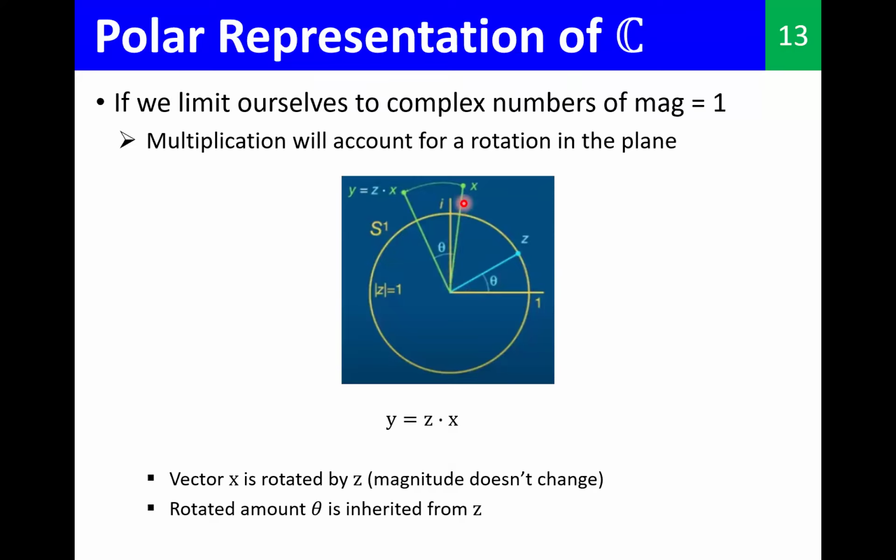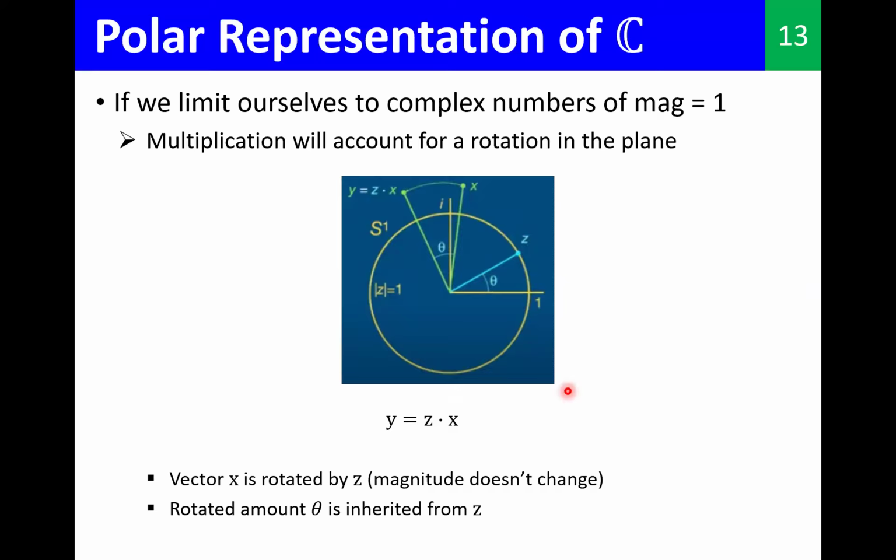Let's say this is our complex number x, right? And if you take another complex number z having unit magnitude, and if I apply this z on x, or basically if you take this particular product, right, z into x, you see that the resultant, this guy y, is like this particular complex number rotated by theta amount, where theta comes from this operator z, right?